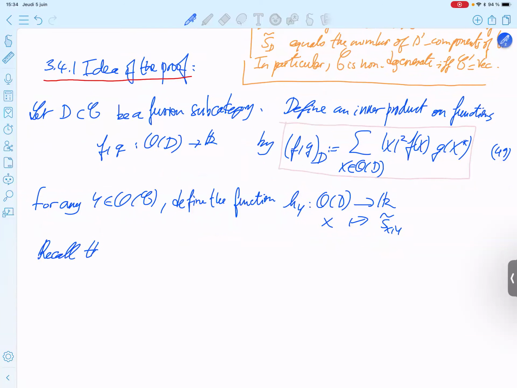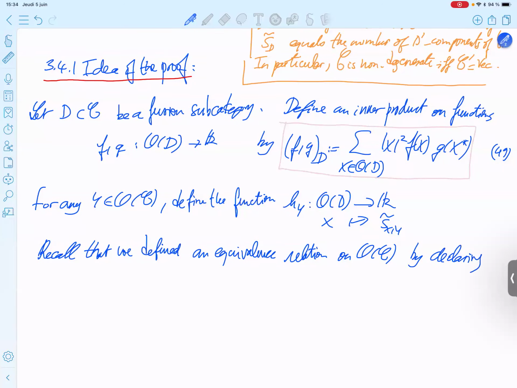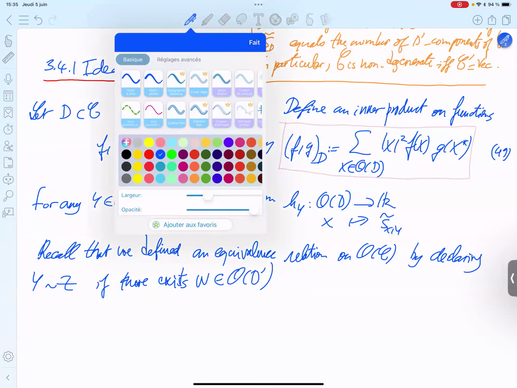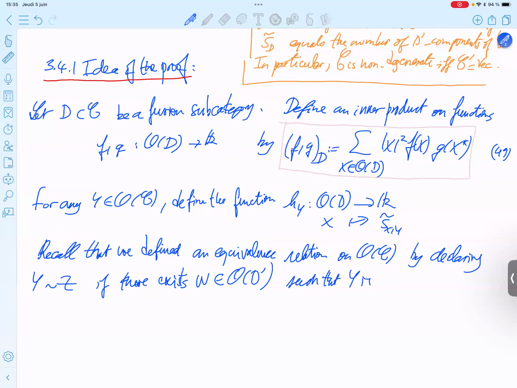Recall that we defined an equivalence relation on simple objects of C up to isomorphism by declaring Y equivalent to Z if there exists W in the centralizer of D such that Y is a subobject of Z tensor W.